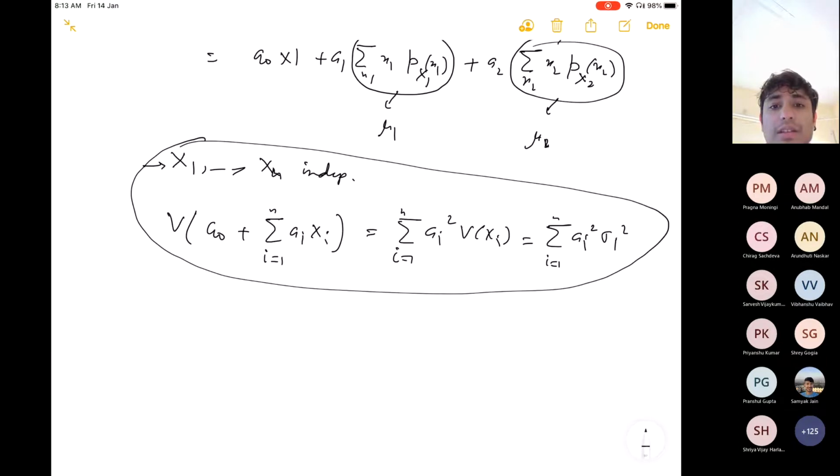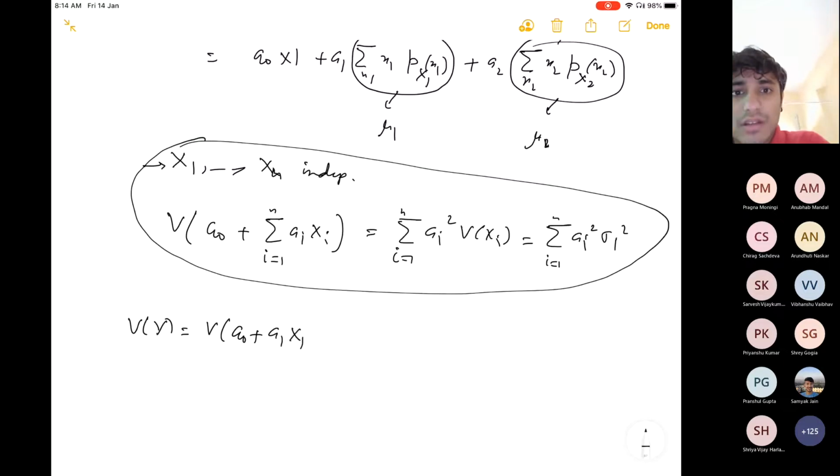So then let us say that I want to find out the variance of y, which is the variance of a naught plus a1 x1 plus a2 x2. Let me take y as this value. Then what is the definition of variance of, let us say, x?